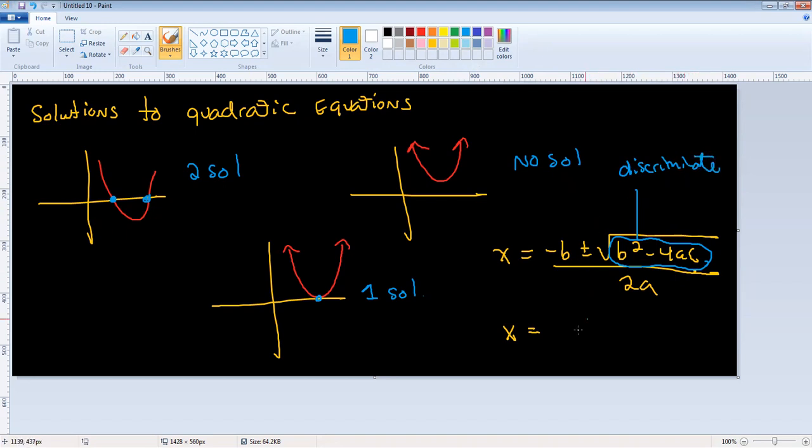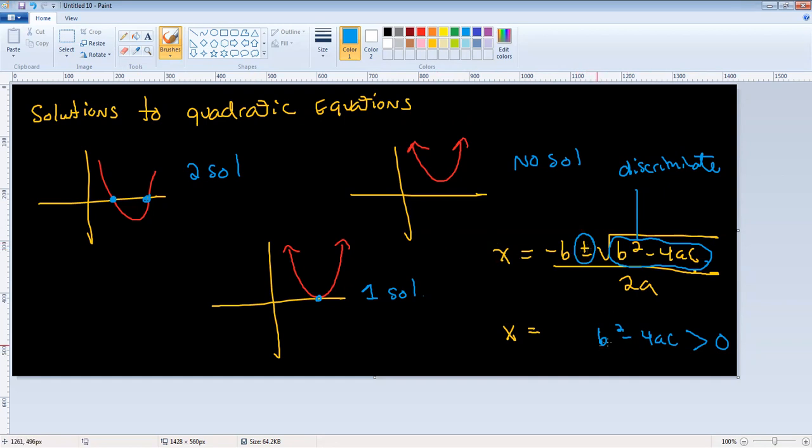Okay, so the discriminant, this b squared minus 4ac term, this thing is really important. Now, you can actually connect this with all of these different solutions here. So let's see if we can figure that out. So if this thing is bigger than 0, look what's in front. We have a plus or minus.